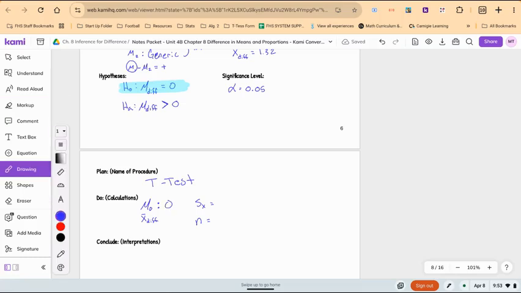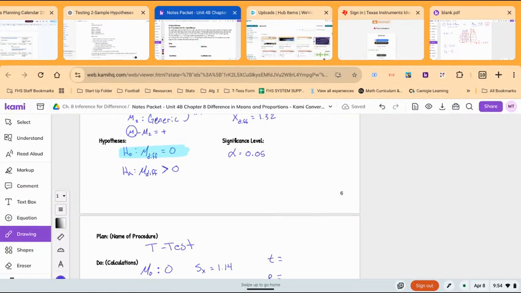So that is going to be 0. The sample average that we got was 1.32. The standard deviation was 1.14. And then the sample size was 25. Okay, and so since I'm running the t-test, I'm looking for the t-statistic and the p-value. Okay, so let's go to our calculator.